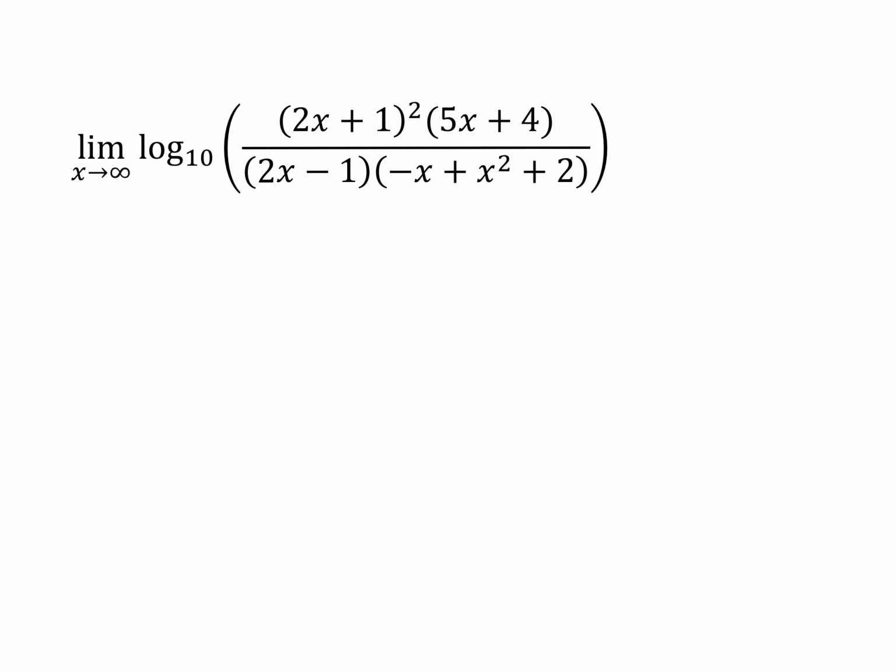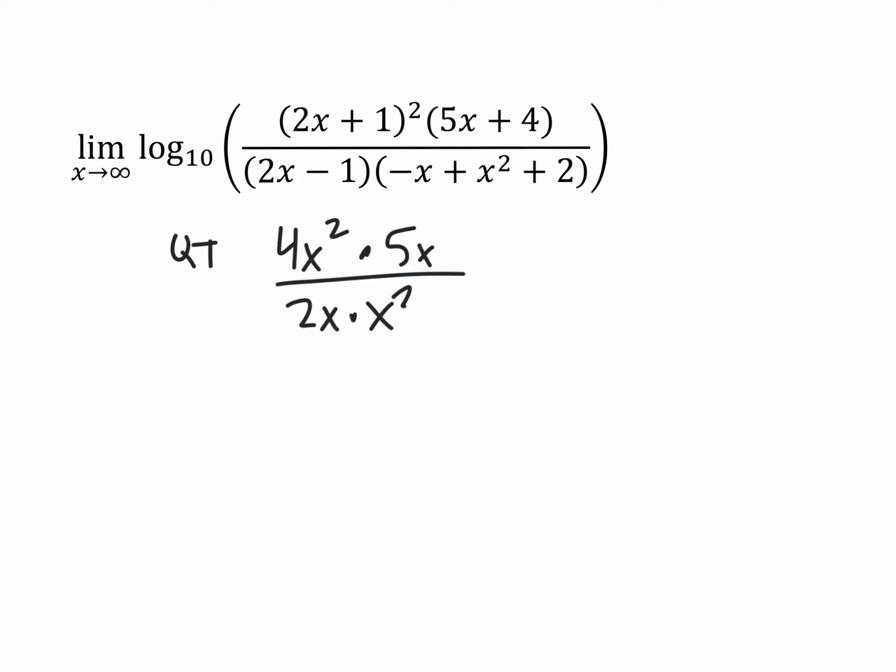Now let's look at this question. Initially, it looks pretty overwhelming because we have so many things on the inside and we have a log. But if we do the t substitution, and I'll skip a few of the details here, we should end up with 4x squared times 5x on the top, and then 2x times x squared on the bottom, of course based on the quotient theorem.